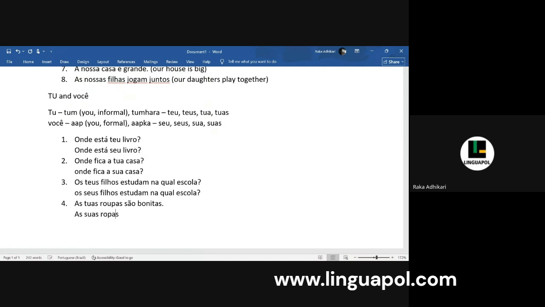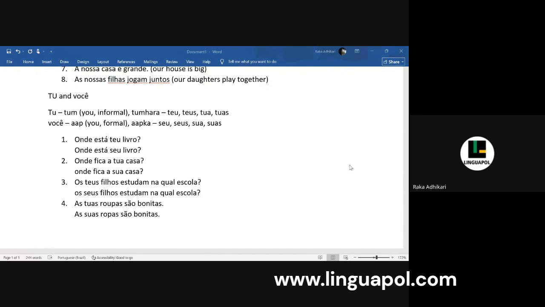Roupas means clothes. So what is the meaning of this sentence? Why do I have only one person answering? Only one person raises the hand. What about others? Okay, still the same.